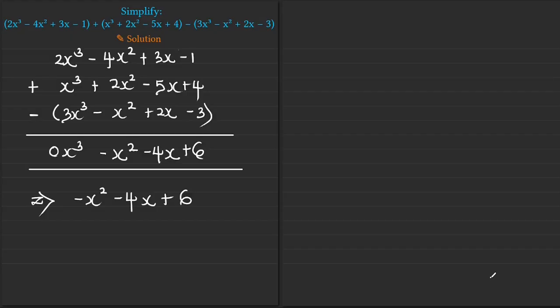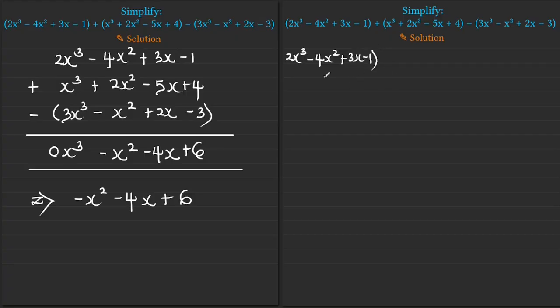Now, if you decided to do it gradually so that you can group like terms and then proceed, let's look at how that is also going to be. To solve, let's first write our question. That is 2x cubed minus 4x squared plus 3x minus 1 in our bracket.